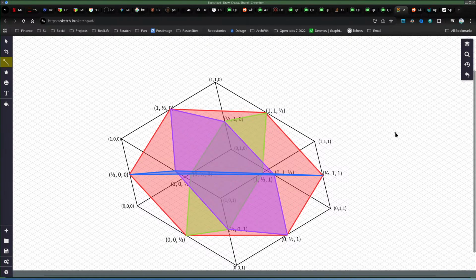Well, we could use this as an example, I suppose. So let's say the normal of the yellow hexagon here is pointing to the up left.